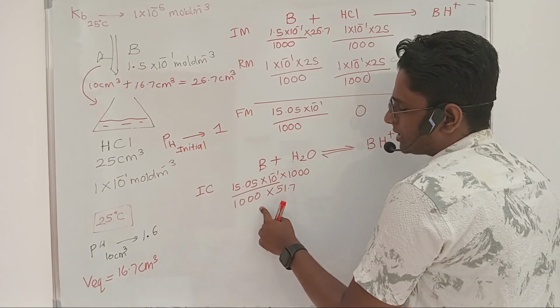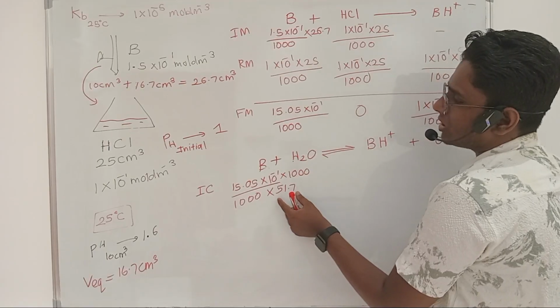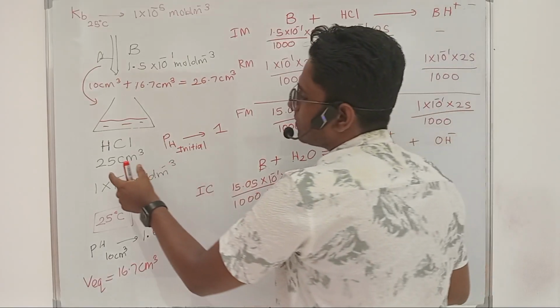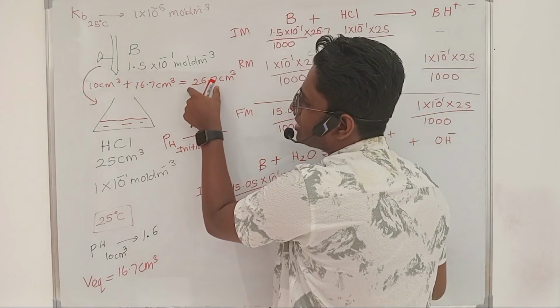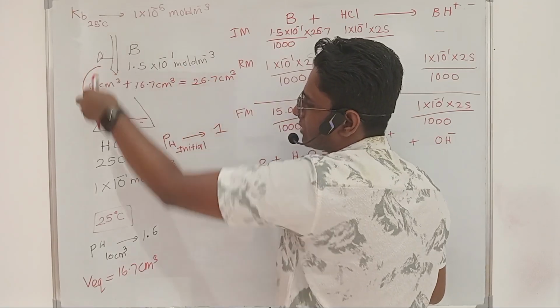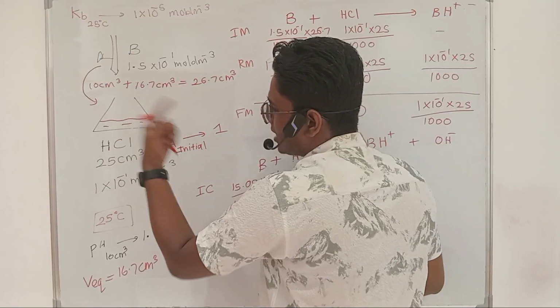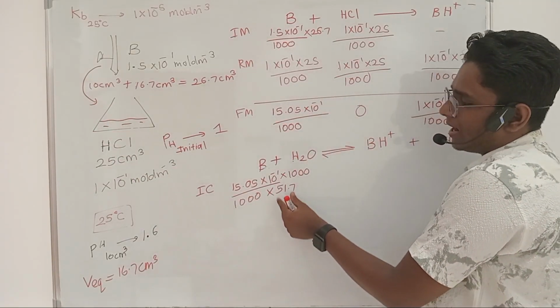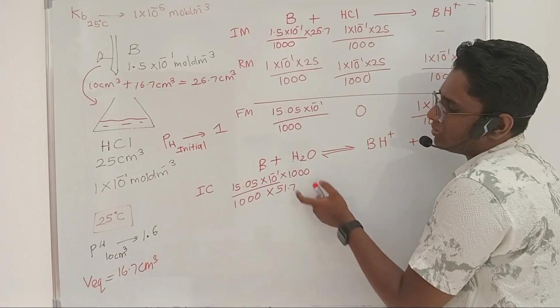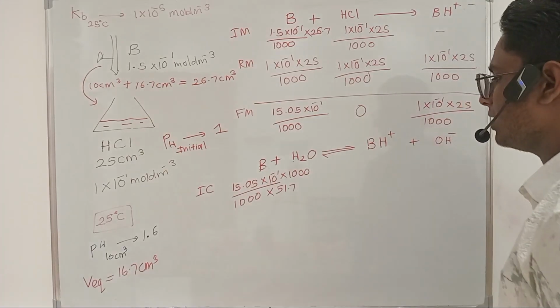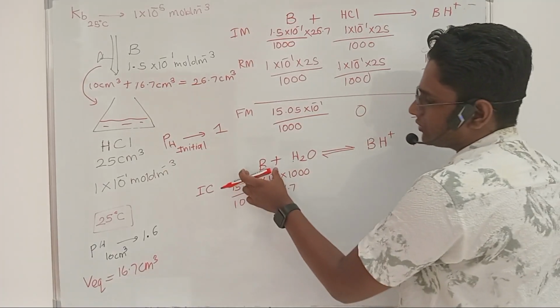To find the concentration, I have divided by the total volume of the solution. The final volume is 51.7 in centimeter cube, and to convert into decimeter cube, I multiplied by 1000. That is the initial concentration of B.